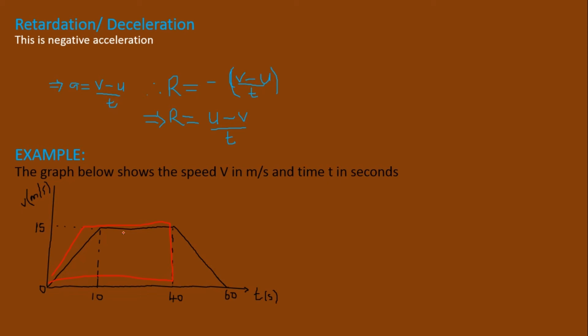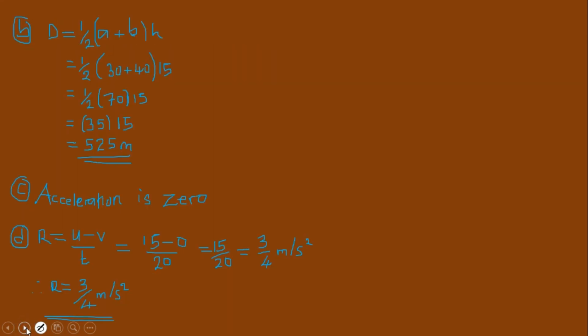So we know the formula for a trapezium. How do we find the area of a trapezium? Once we find the area of a trapezium, it means we have found the distance traveled in the 40 seconds.